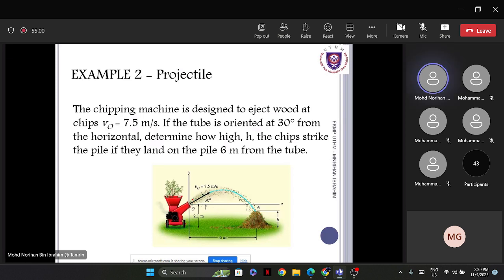Instead of considering the origin at O, which is equal to the position for the initial velocity, it doesn't matter. You can also put this initial at the ground. Okay, is there any questions? Okay, sir.